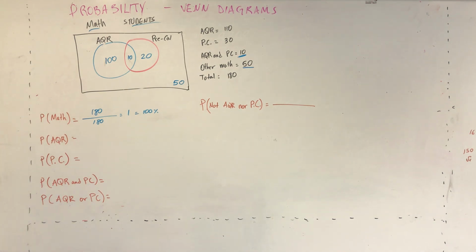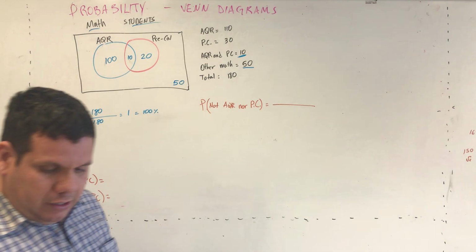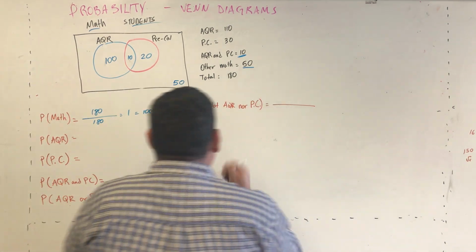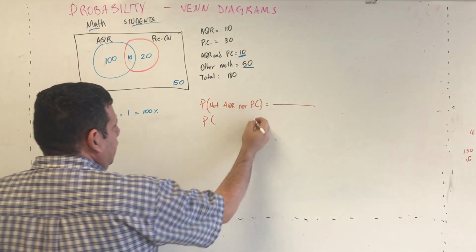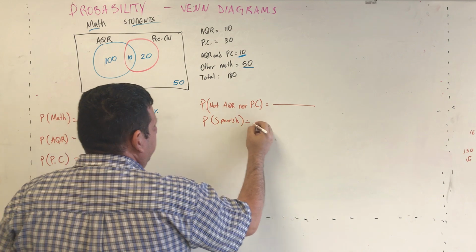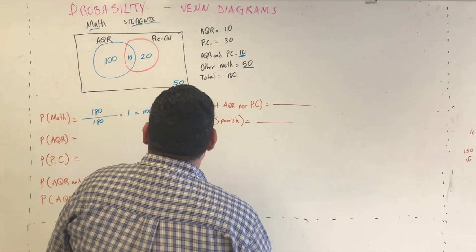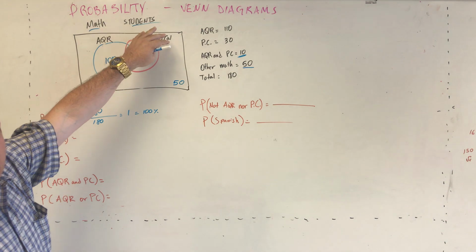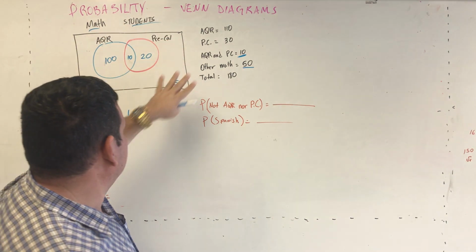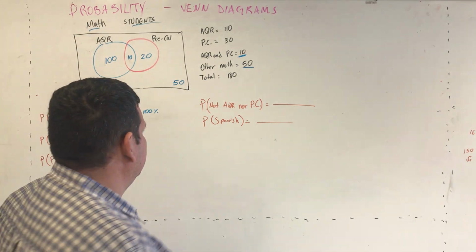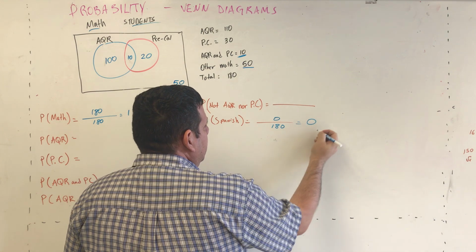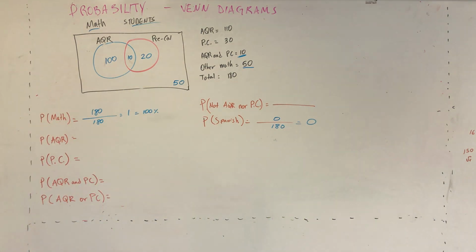If I ask something that can sound tricky, how many students do I have here maybe taking Spanish classes? Okay, so far, this is about math students, okay? This sample space represents just math students. So I got 0 out of 180, so basically the probability is 0, okay? We're talking just about math students.